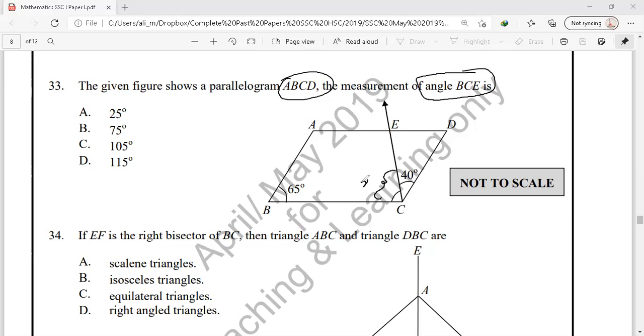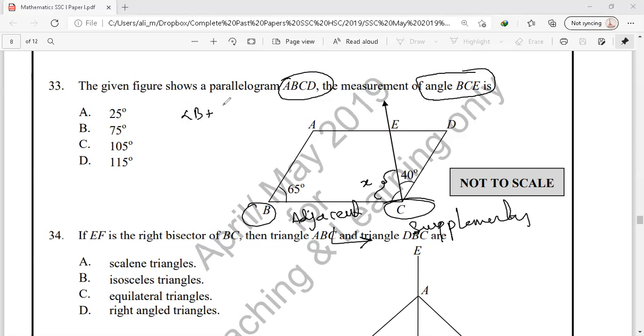So let's say this is equal to x, and angle B and angle C are the adjacent angles of a parallelogram, and adjacent angles of a parallelogram are always supplementary. It means that angle B plus angle C will be equal to 180 degrees. Angle B is 65.